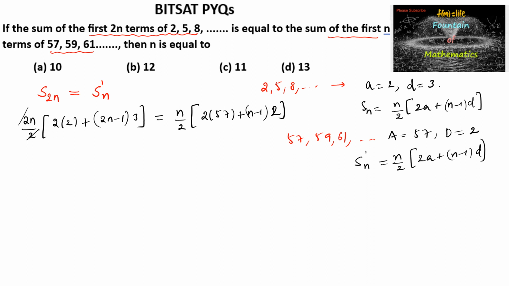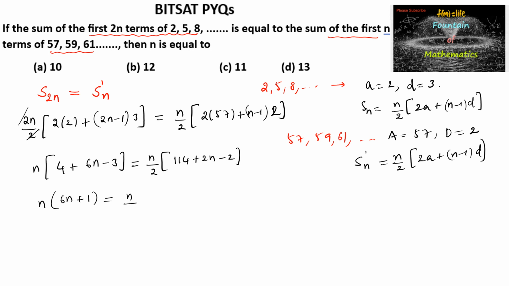Here we can write n times (4 plus 6n minus 3), which is equal to n upon 2 times (114 plus 2n minus 2). So here we get n times (6n plus 1) is equal to n upon 2 times (2n plus 112), or n times (6n plus 1) is equal to n times (n plus 56).